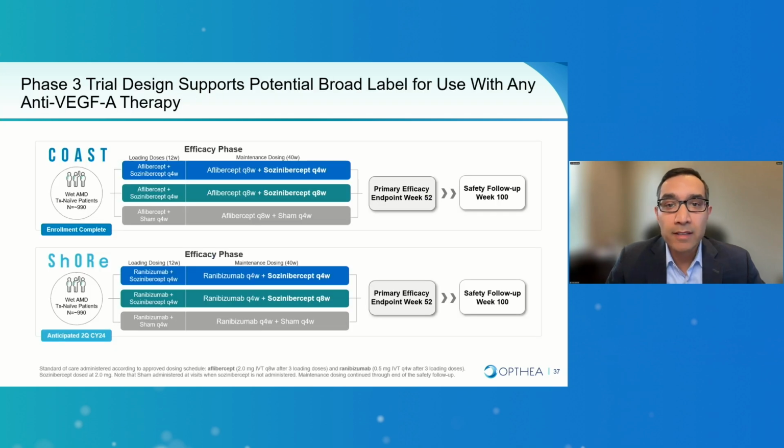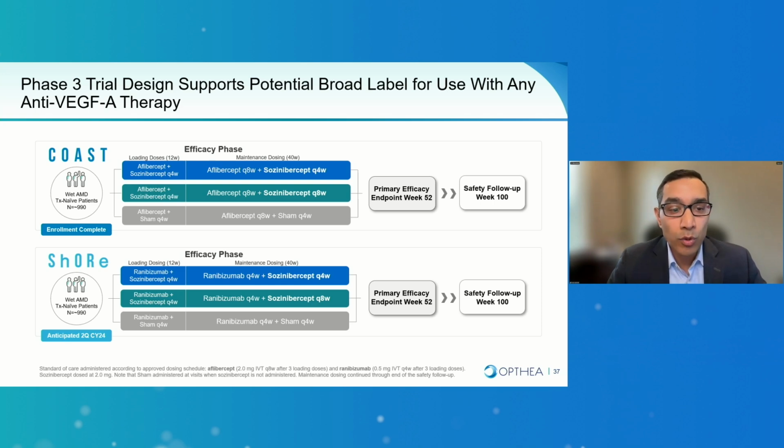And this is a really nice diagram just breaking down visually how the trials look. So on the top, we're looking at the COAST study. COAST is using aflibercept every 8 weeks, and we'll be combining that with Sozinibercept every 4 weeks or Sozinibercept every 8 weeks or sham control. Again, looking at the primary endpoint at 52 weeks, with patients being followed out in terms of safety to week 100.